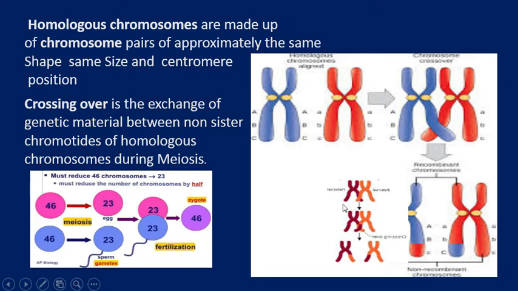So here we can see one set of chromosomes, another set of chromosomes, and they are mixing here. After crossing over, some characters of this orange one go into the red one, and from red some characters go into the orange one.